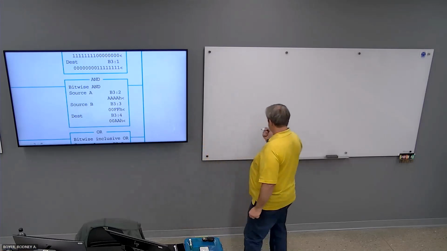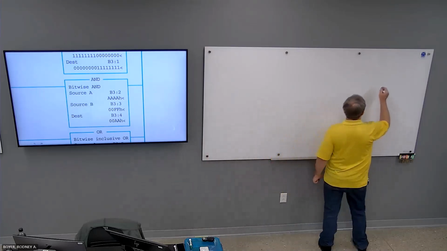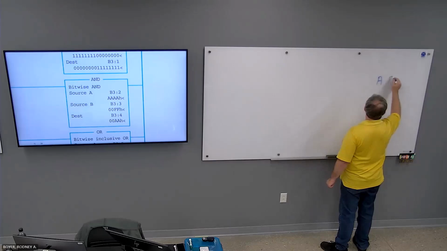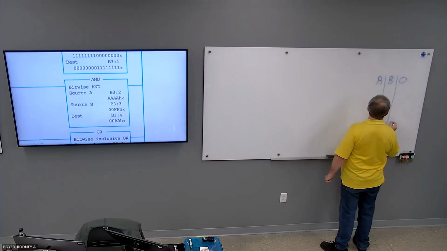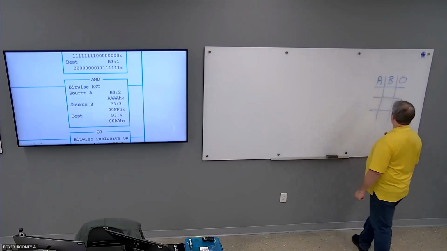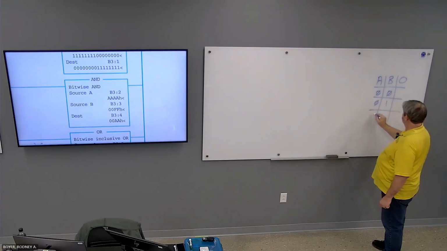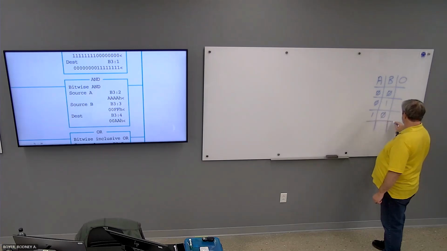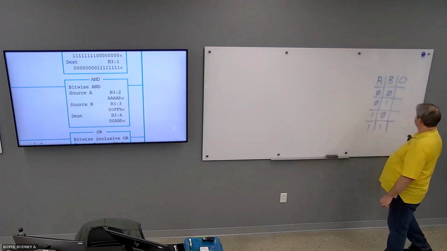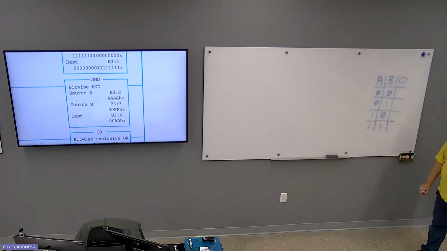So you have source A and source B. Those are your possible combinations with 2 bits.